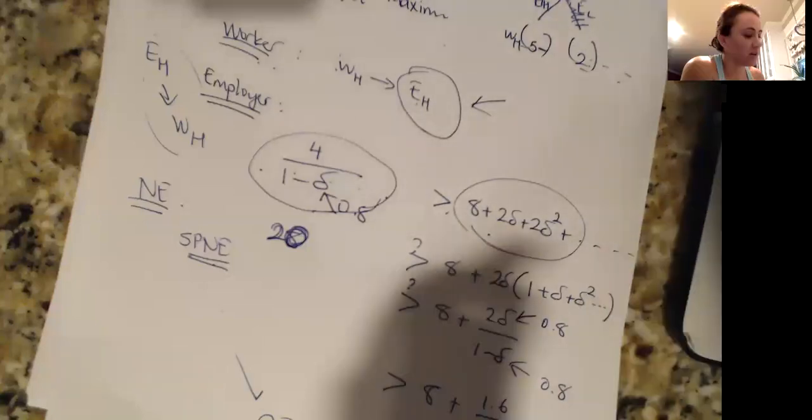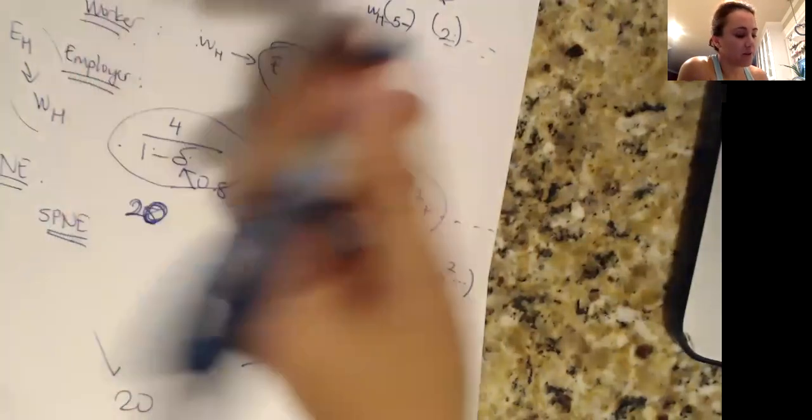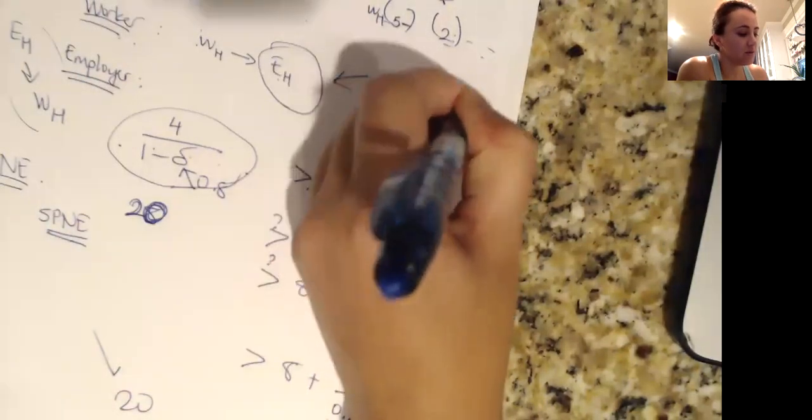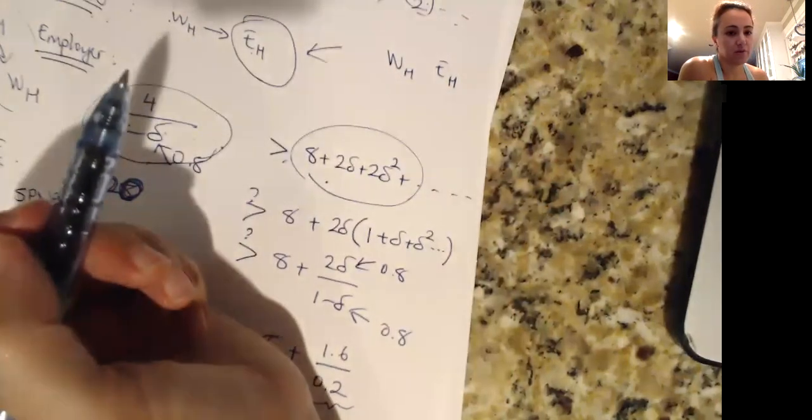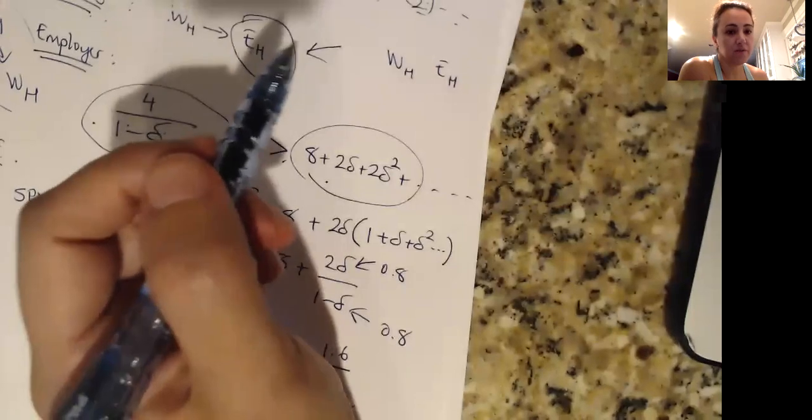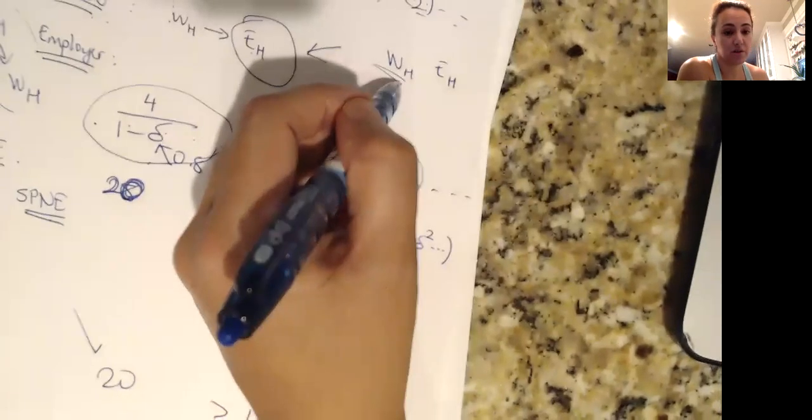So that's why you cannot say that. In the infinitely repeated game, you cannot say that WH, EH is an equilibrium, because in the infinitely repeated game, WH is not a strategy.